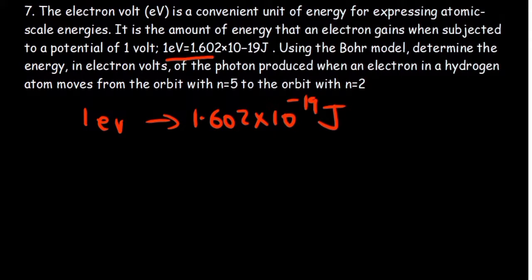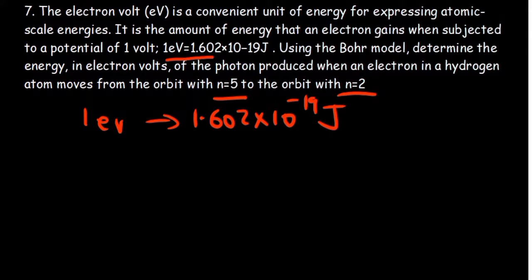Okay. So using the Bohr model, determine the energy in electron volts of the photon produced when an electron in a hydrogen atom moves from an orbit of n equals 5 to n equals 2. So this is coming from transition of electrons. An electron volt is used to represent very, very small amounts of energy, which can be very difficult to understand.